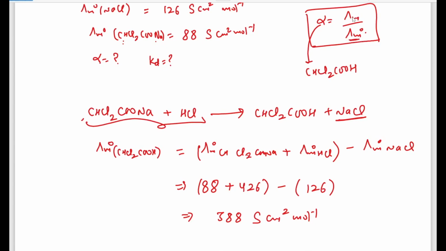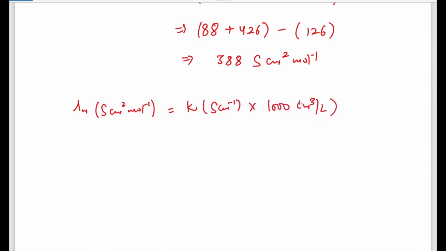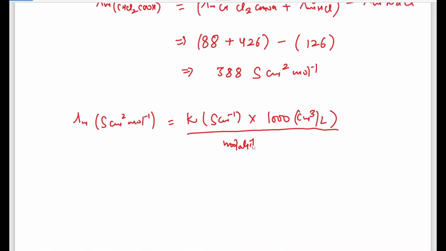Now we will find the molar conductivity at the particular concentration, so then we can find the alpha value. Molar conductivity, whose unit is S cm² mol⁻¹, is equal to kappa in Siemens per centimeter multiplied by the volume 1000 cm³ per liter, divided by the molarity in mole per liter.